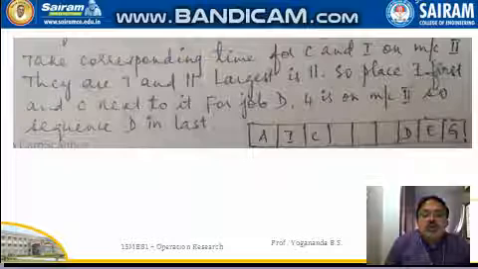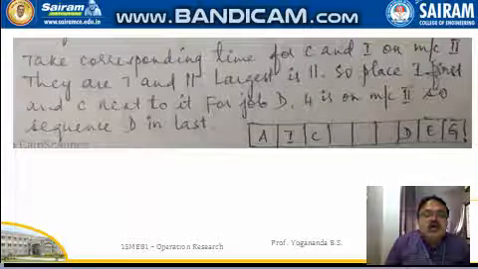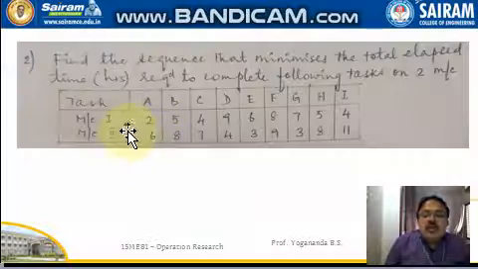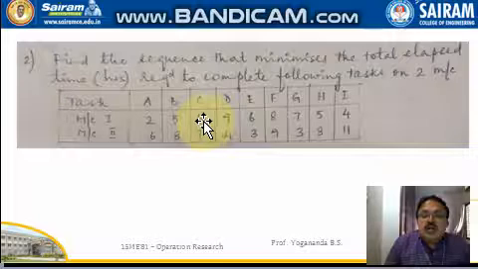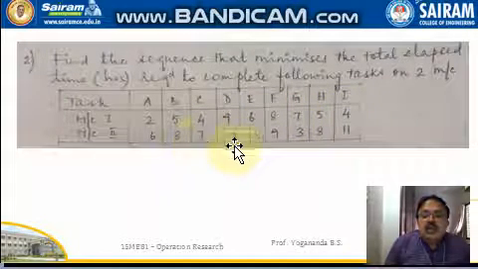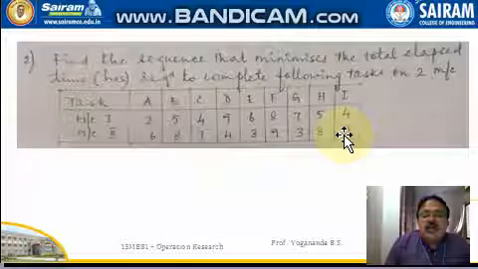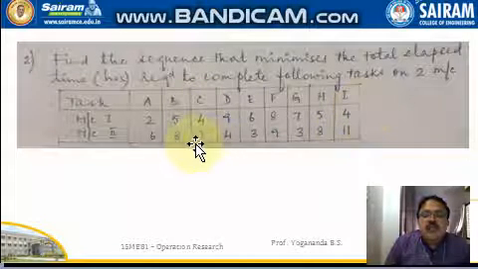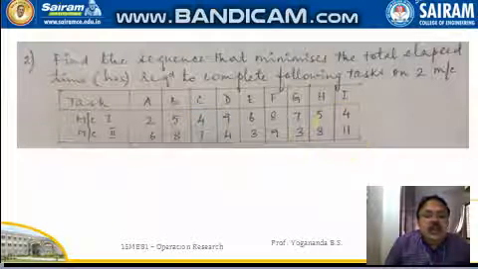So take the corresponding times for C and I, where the tie is occurring on the first machine. The corresponding times on machine 2 for jobs C and I are 7 and 11.